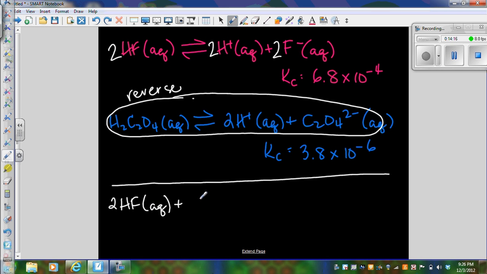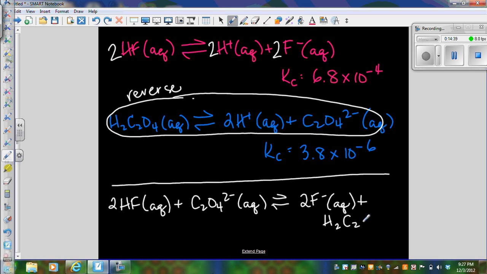I have 1 mole of oxalate, which is confirming that this was reversed. That is in equilibrium with 2 moles of fluoride ions and 1 mole of oxalic acid.